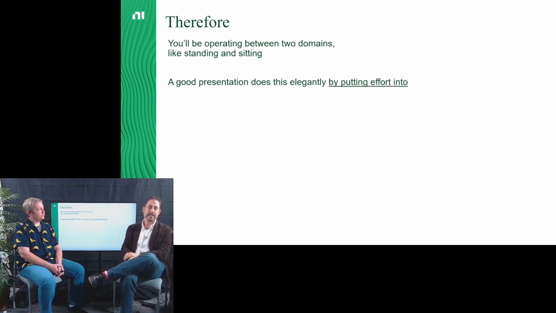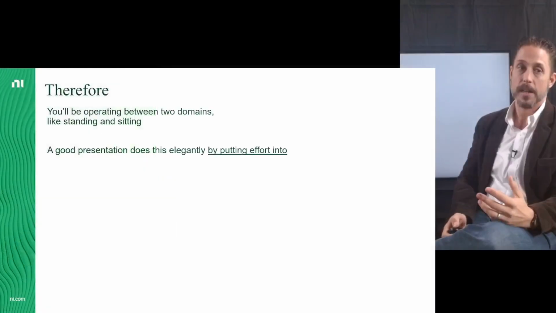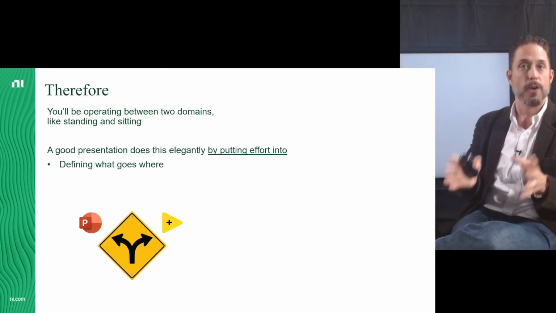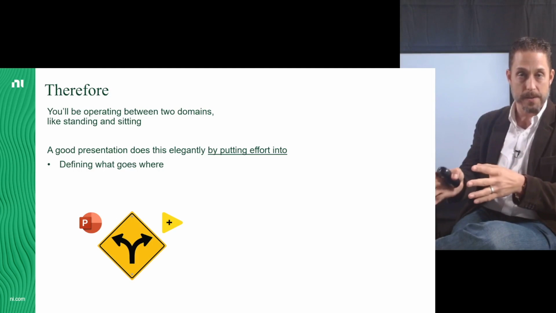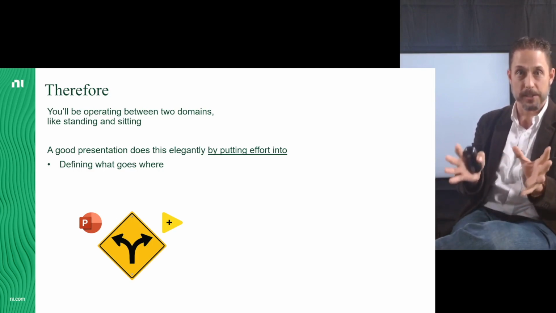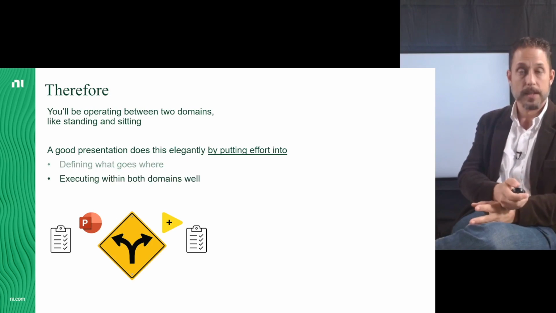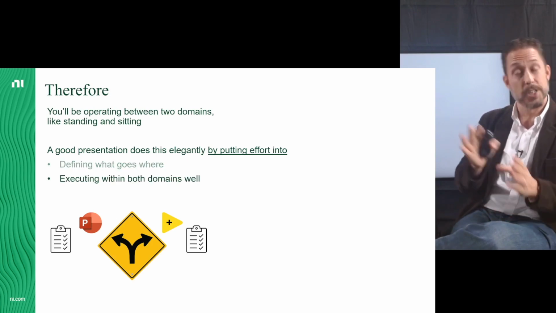And so the idea is that you're going to be operating between two domains and moving between them, like standing to sitting, right? A good presentation makes the right definition of what goes where and when. This is a big part of it. If you're going to do LabVIEW, it's going to have all those things. Make the right split, and then also execute each one of those splits well.